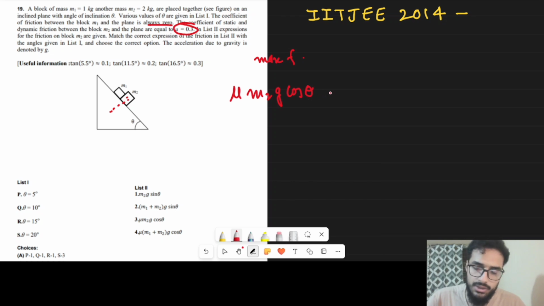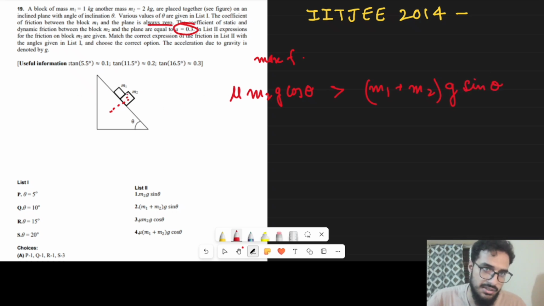Fine, for M2 and normal. Isn't this always to be compared with the downward force? That will be M1 plus M2, because that will be for both of the masses.